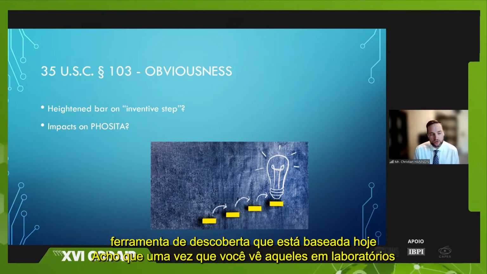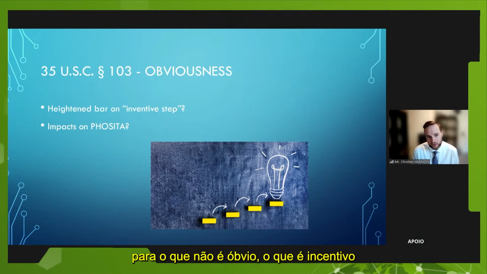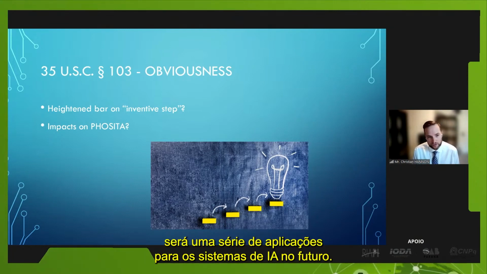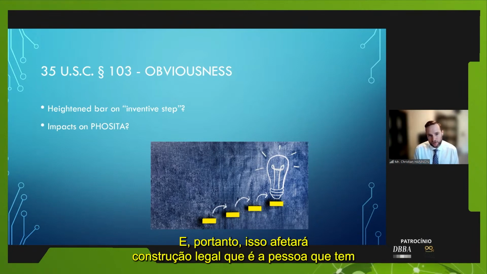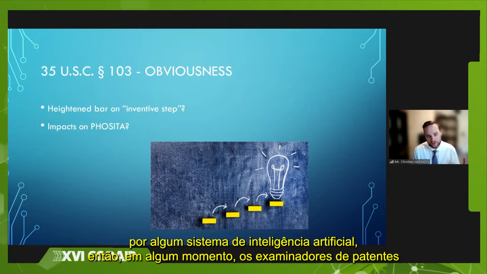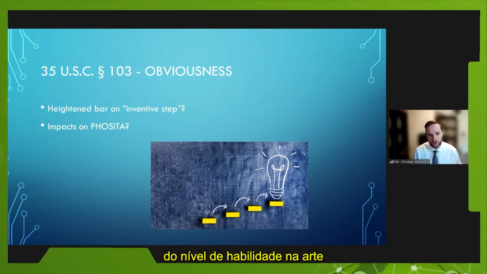Once you see those in labs around the world, that's going to necessarily raise the bar for what is non-obvious, what is inventive, for pharmaceutical compounds or any other field of technology. Because, of course, there's going to be a host of applications for AI systems in the future. And so this will affect this legal construct that is the person having ordinary skill in the art. If we all are enabled and enhanced in a sense by some artificial intelligence system, then at some point patent examiners are likely going to have to account for that enhancement in the level of skill in the art.